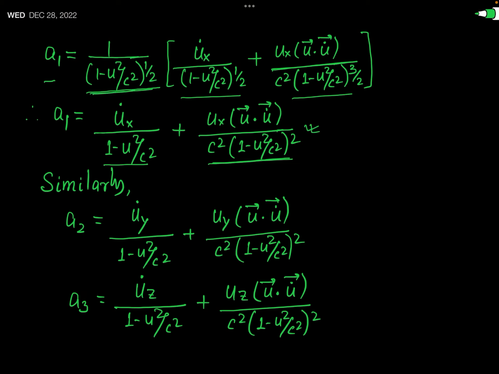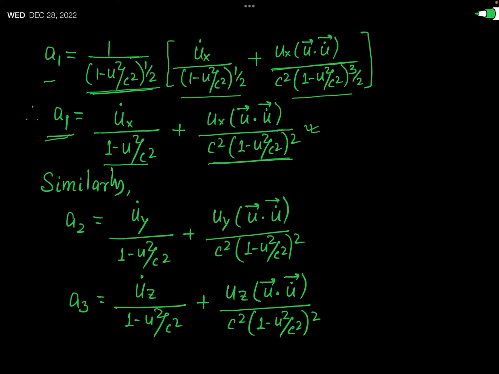So in this way, you can see we have obtained the first component of the acceleration 4-vector. In fact, in the similar manner, you can directly write the expression for the second and the third component of the acceleration 4-vector just by induction. You have only to change the subscript.